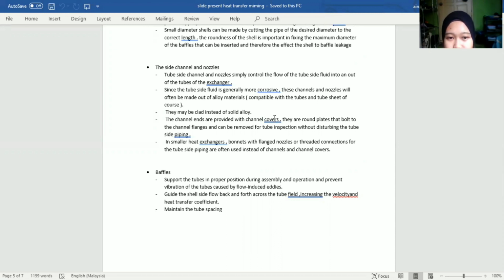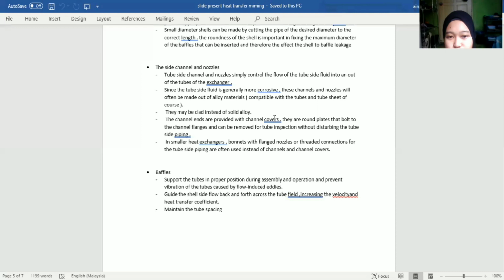They may be clad instead of solid alloy. The channel ends are provided with channel covers. They are round plates that bolt to the channel flanges and can be removed for tube inspection without disturbing the tube side piping. In smaller heat exchangers, bonnets with flanged nozzles and threaded connections for the tube side piping are often used instead of channel and channel cover.